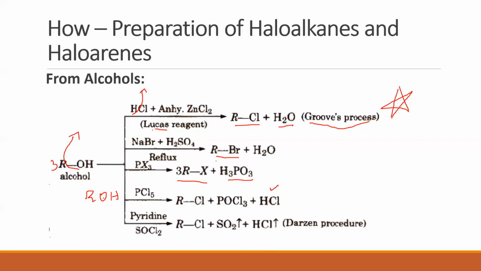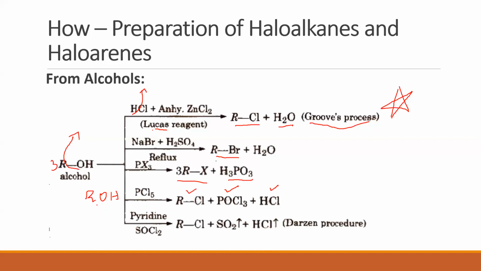Oxygen is taken away by phosphorus and 3 more chlorine atoms to go out as POCl3. Now what is remaining? I have one Cl which is remaining here and an R group which is remaining here. They will combine to form RCl. So let me repeat.